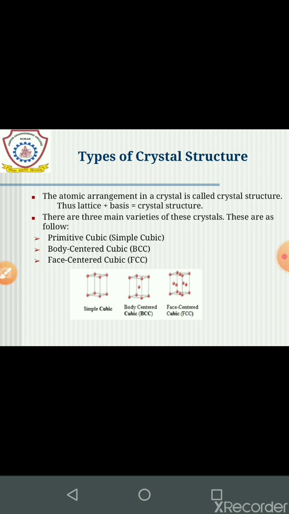And third one, FCC, as we can see in the structure, contains an atom at each corner, along with an atom at each face.